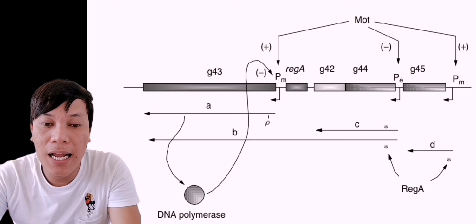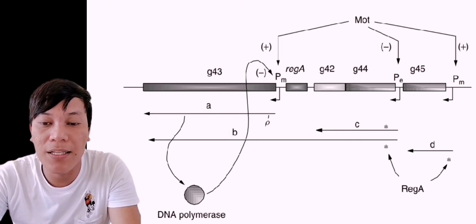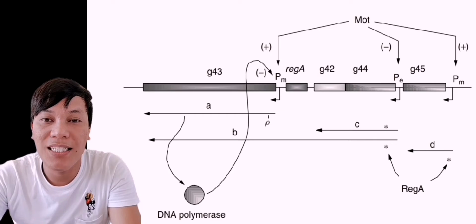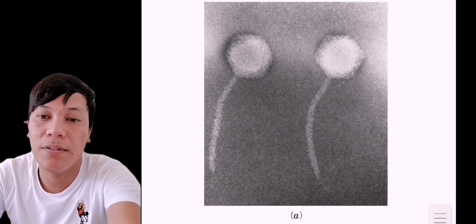Secondary mRNA structure appears to be unnecessary. Although the regulatory significance of RegA remains a mystery, it would seem to play a role in coordinating the early events in T4 development.